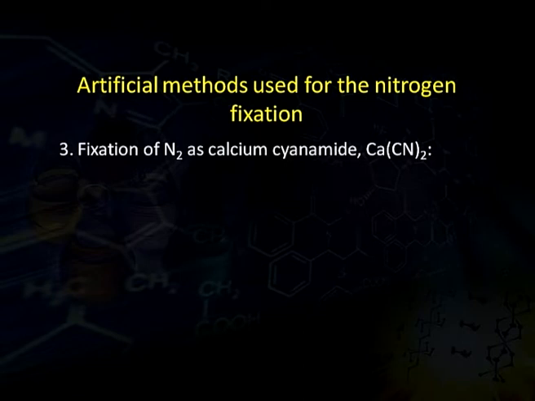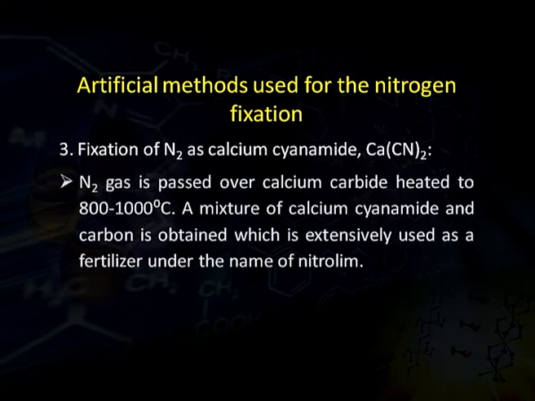The next method for fixing nitrogen artificially is fixation of nitrogen as calcium cyanamide, that is CaCN2. Nitrogen gas is passed over calcium carbide, CaC2, which is heated to 800 to 1000 degrees Celsius.